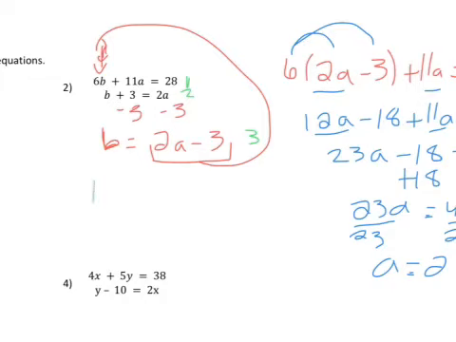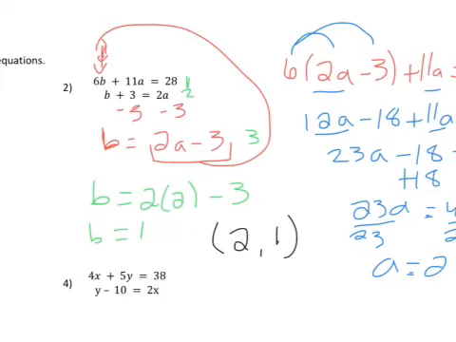So I'm going to use this bottom equation, and now in for a, I'm going to plug our 2 in. And now if I use order of operations, 2 times 2 is 4, minus 3 is 1. And so that means my solution, a is 2 and b is 1.